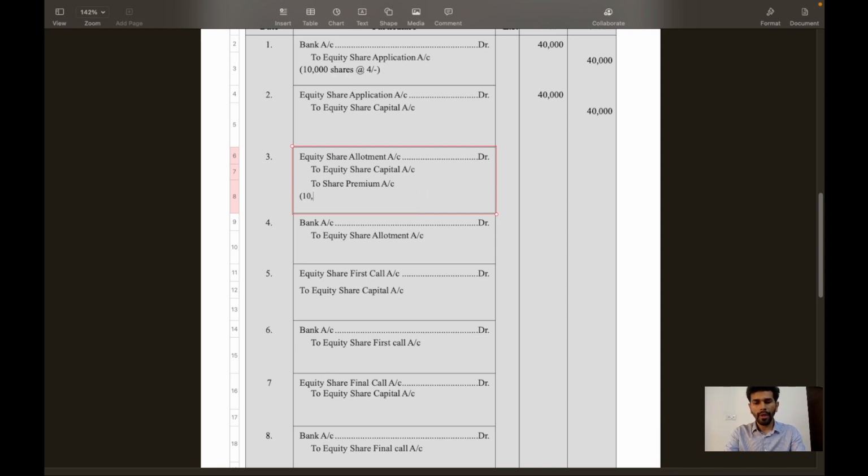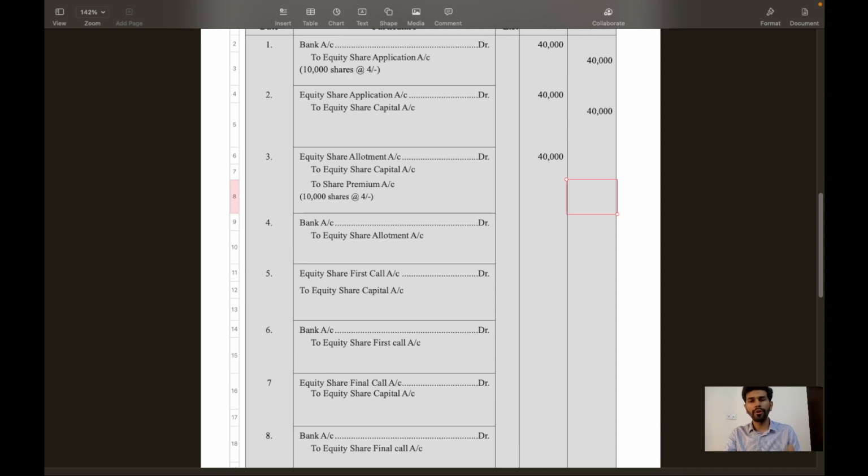So the amount will be 10,000 equity shares at the rate of 4 rupees each. 40,000 rupees is the allotment money. 2 rupees will be transferred to capital account and 2 rupees is premium per share.